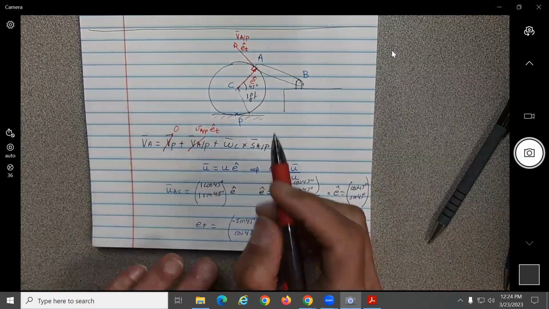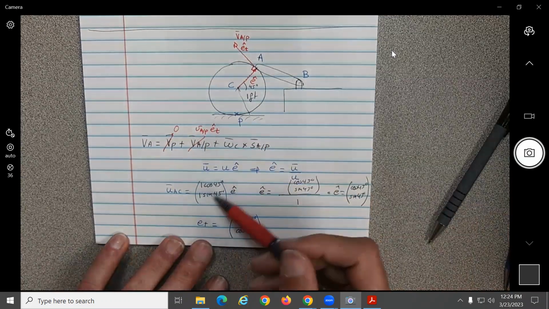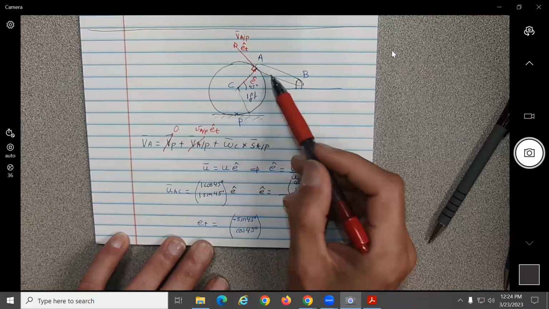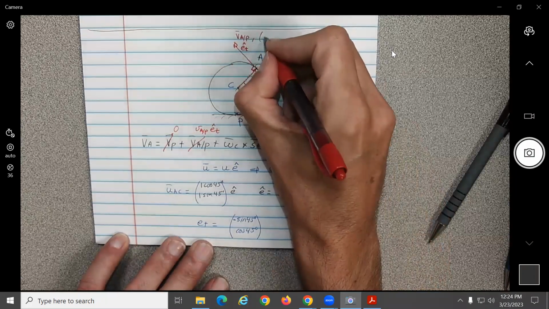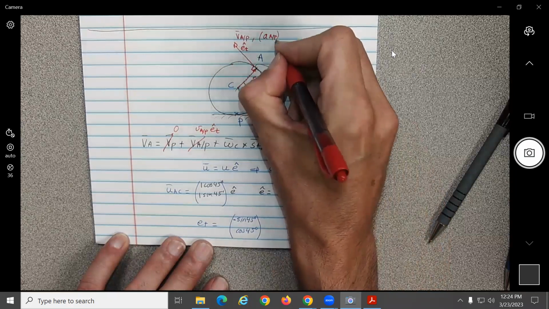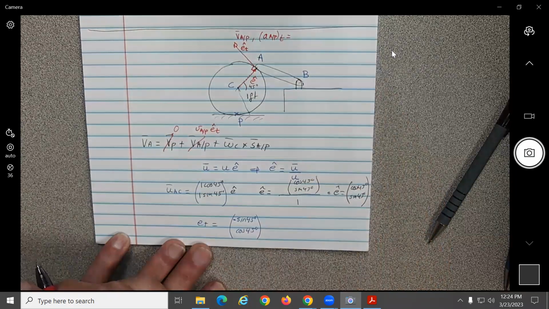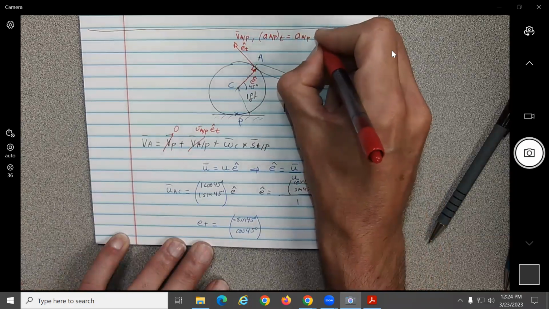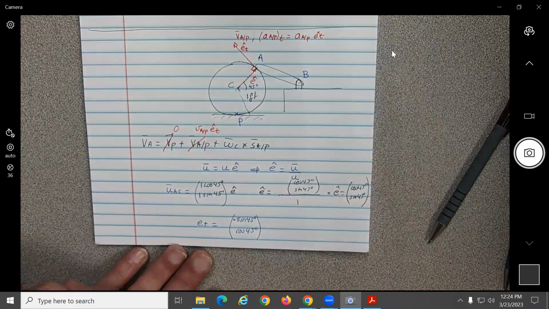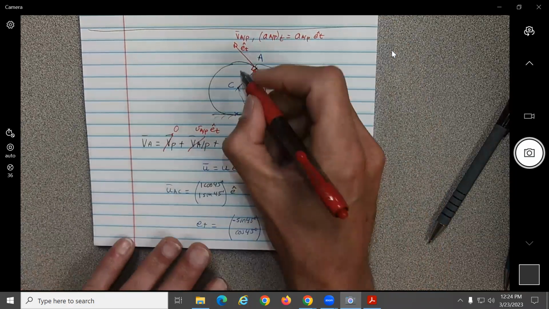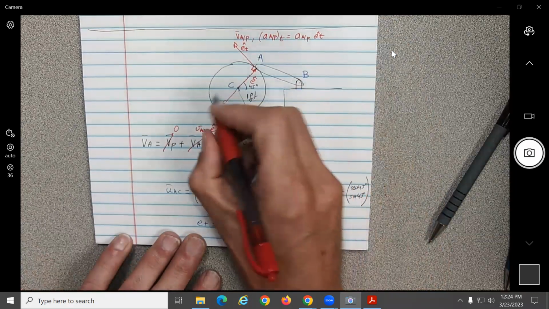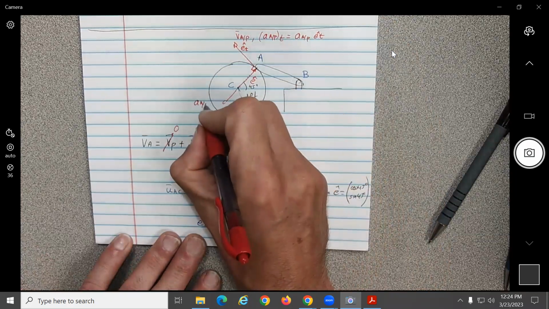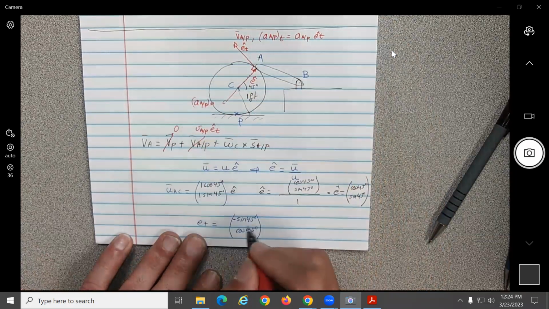Okay, so you do this with the velocities, and if you need to do the same thing for the accelerations, you're going to have the same thing. You're going to have one acceleration over here that's tangential, where you're not going to know the magnitude, but you will know the direction. Then what about this one? You're also going to have one relative acceleration that's normal.